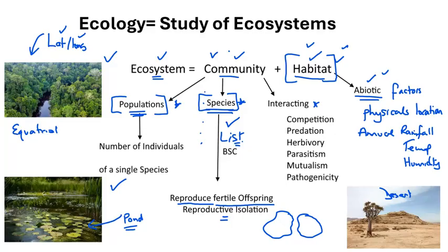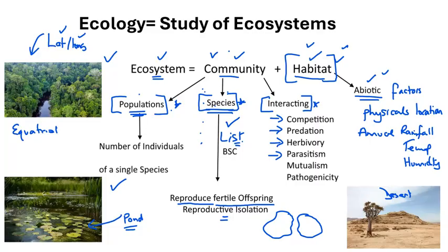And then we would have to carry out some kind of surveying technique which would allow us to count or estimate the number of giraffes, and that would be a population. If we then switched to the zebra, we would then have a zebra count, and that would be our zebra population.